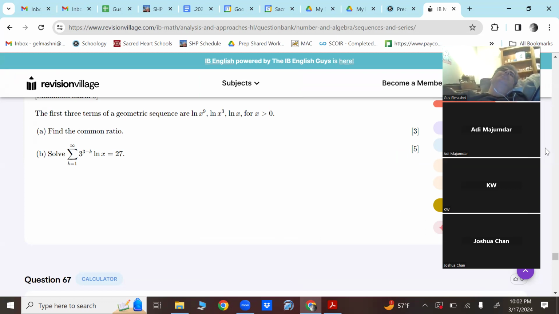So the summation would be, 1 minus those 3/2... The 27 will cancel. Let me work it out because I'm gonna drive myself nuts if I do this in my head.